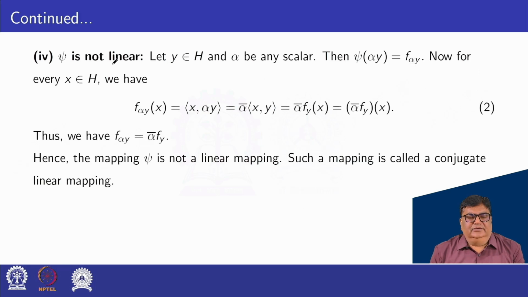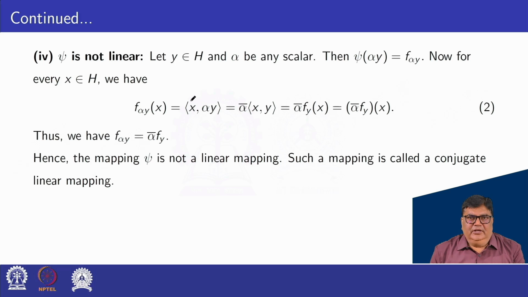Psi is not linear. Let y belonging to H and alpha be a scalar. Then psi of alpha y can be written as F of alpha y, as per the definition of psi in terms of Fy. Now for every x belonging to H, we have F alpha y of x. As per the definition of Fy, we can write this as inner product of x and alpha y.